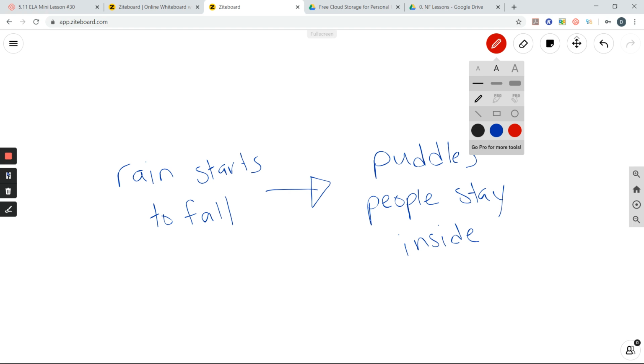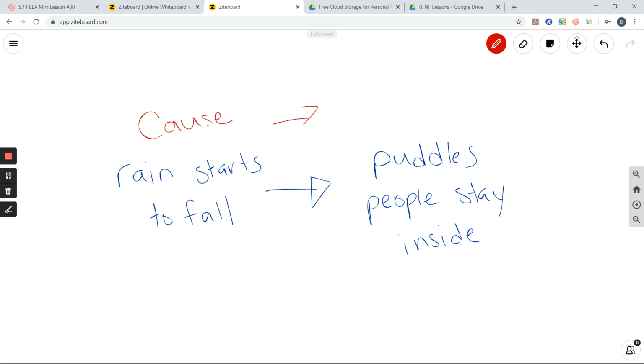The rain is why the things we described, such as puddles forming and people staying inside, happen. This is the cause. The responses are the effects. These are the effects of the rain, or what happens because of the rain.